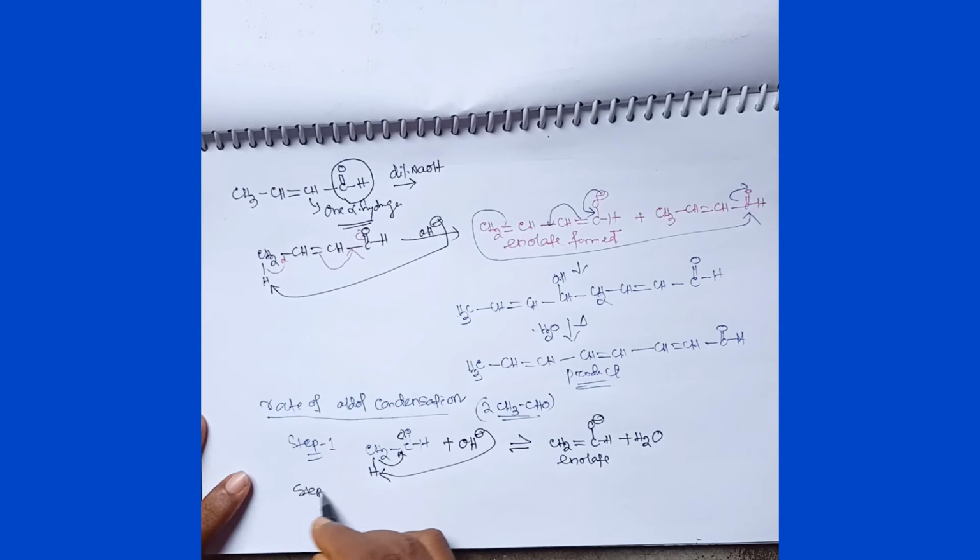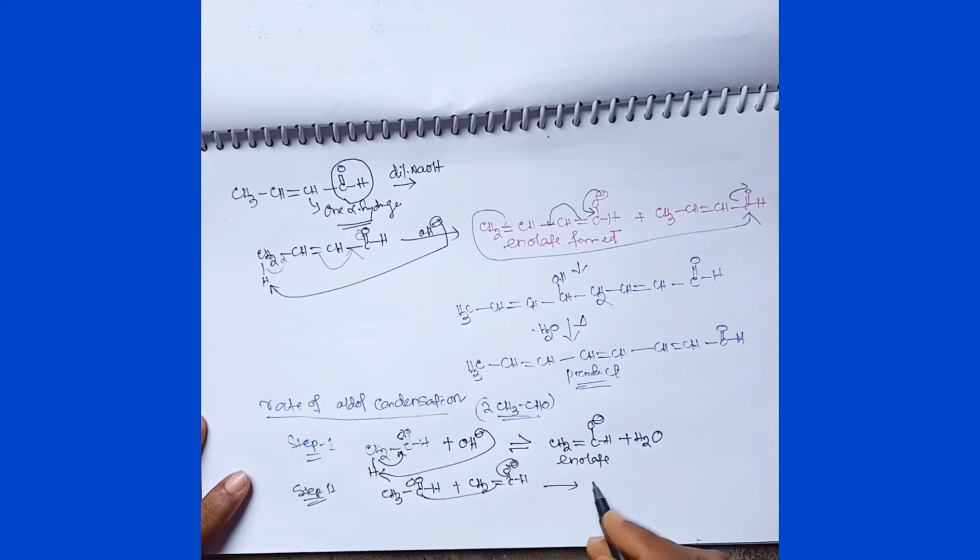And step 2: with this other acetaldehyde molecule, this enolate will attack, and the structure will be CH3 CHOH CH2 COH.